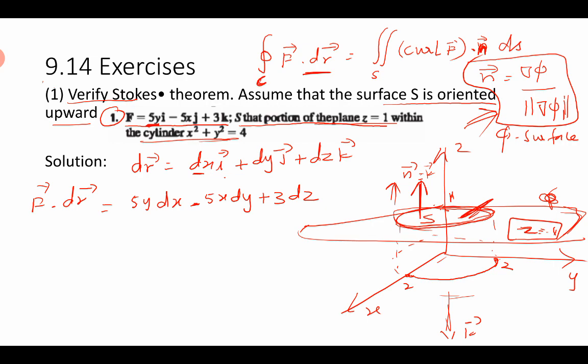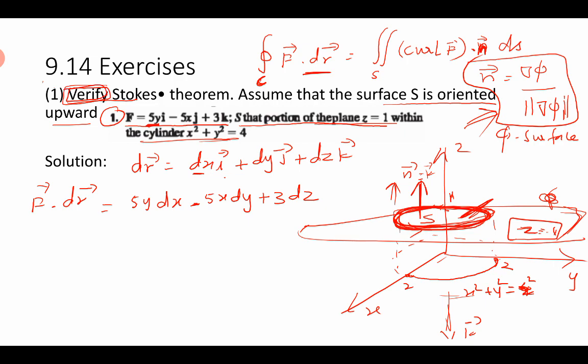The curve is the boundary curve of the surface, which is a circle: x square plus y square is equal to 4, which is 2 square. This is the circle boundary of the surface. Instead of evaluating the boundary, we can apply the integration over a surface when the question is to use Stokes theorem.